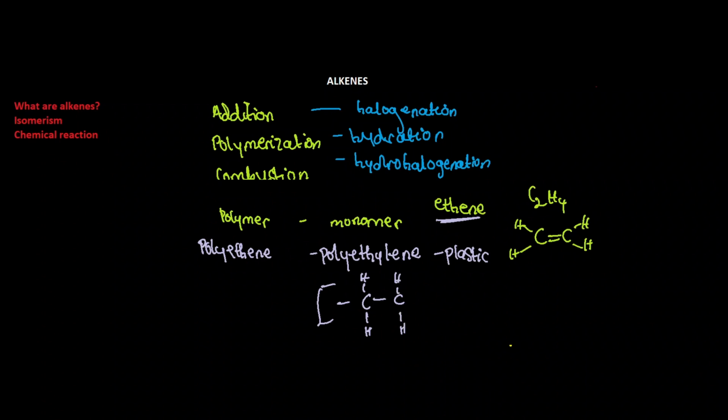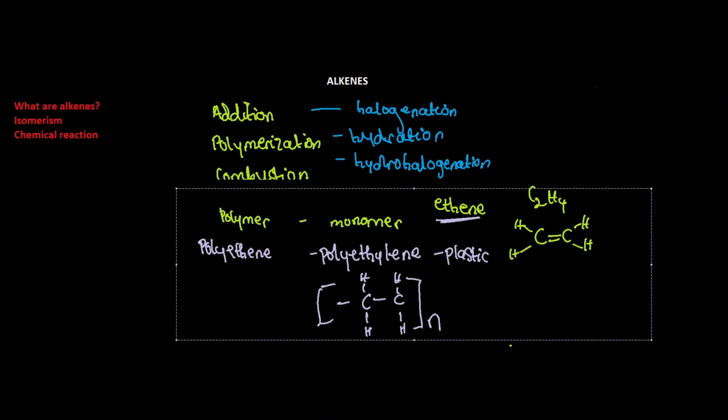Of course the double bond would not be there anymore, but ethene would still have its structure. Now we'd have n outside the bracket, where n ranges into thousands and thousands of molecules that have combined together. So this is polymerization. There are various forms of polymerization, but we would not be looking at that in this video.